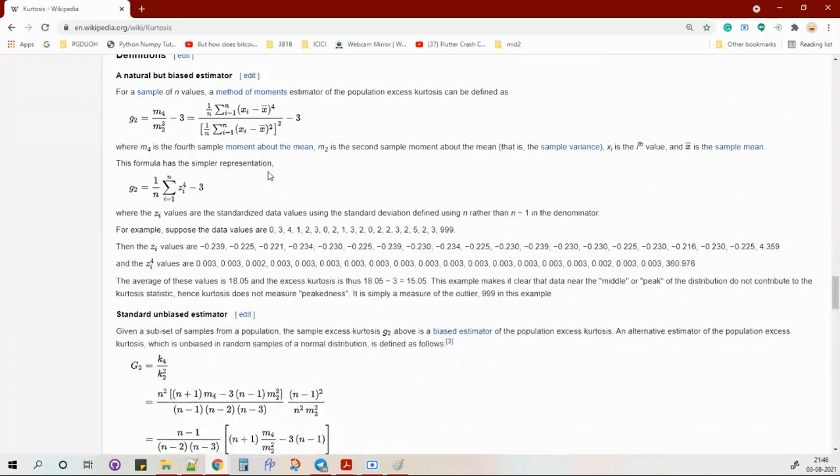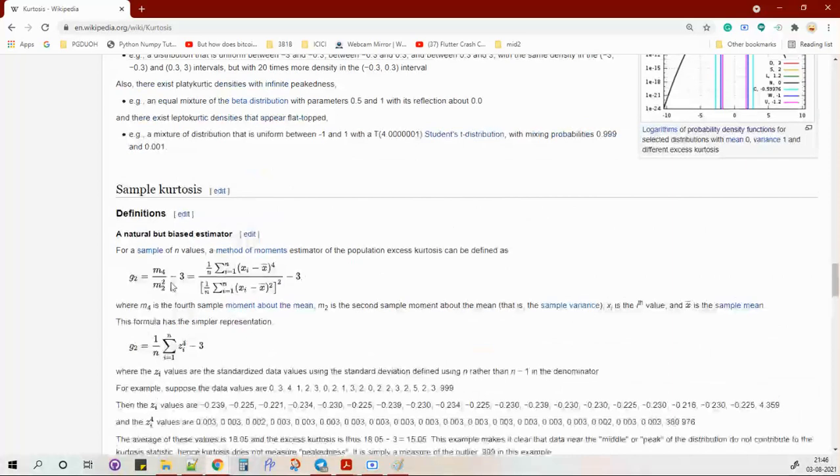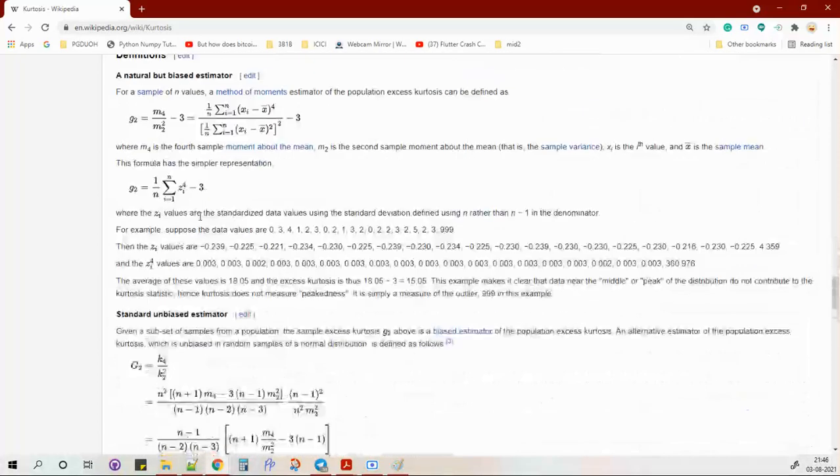One simple example is given, using this formula to calculate the kurtosis. Sorry, I guess this is the modified formula. If we have this kind of data set, everything is lying between 0 to 5, but there is one outlier, 999. If you calculate this Zi value, I guess this is standardization. Yes, standardized data.